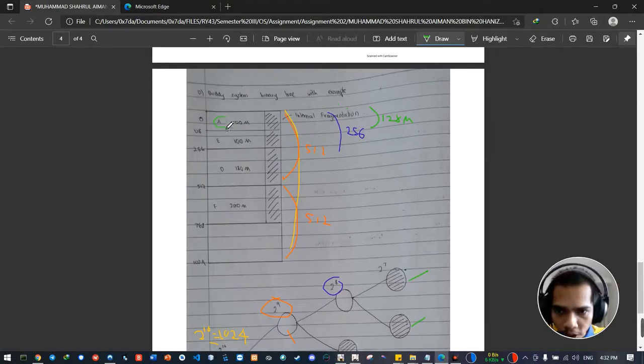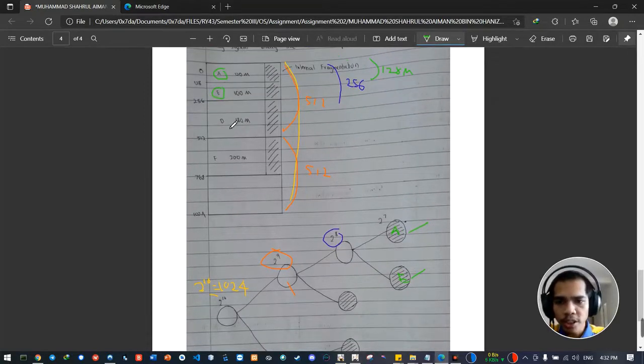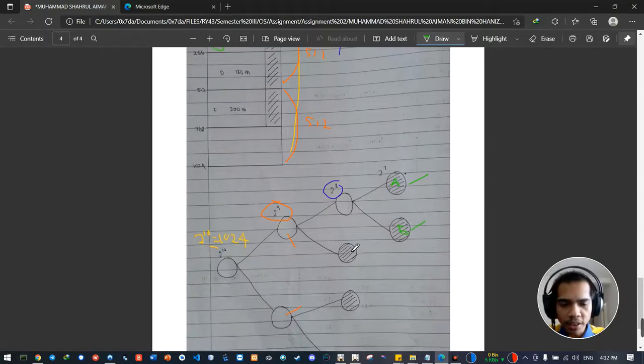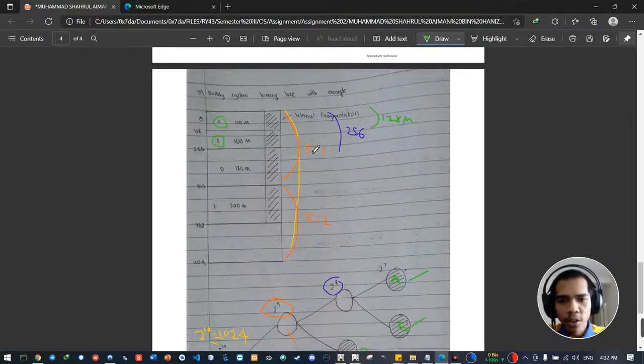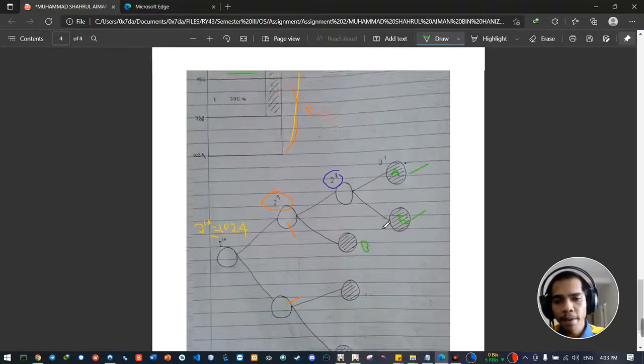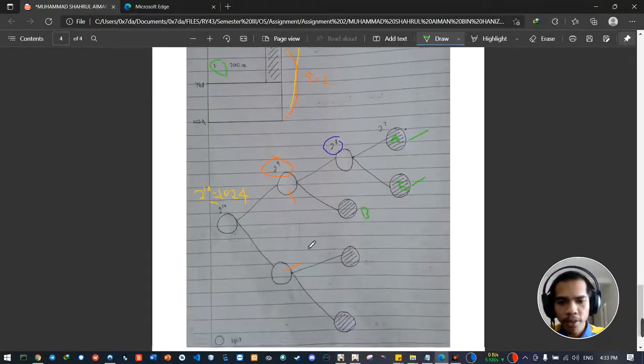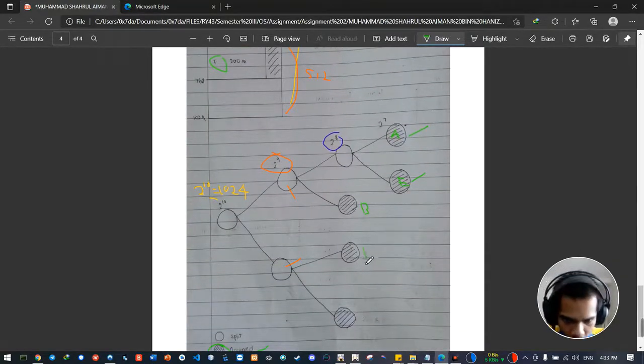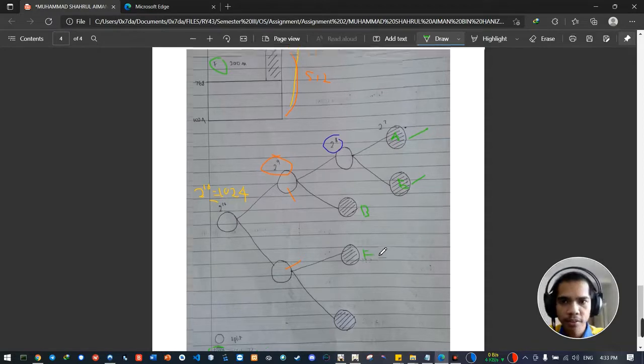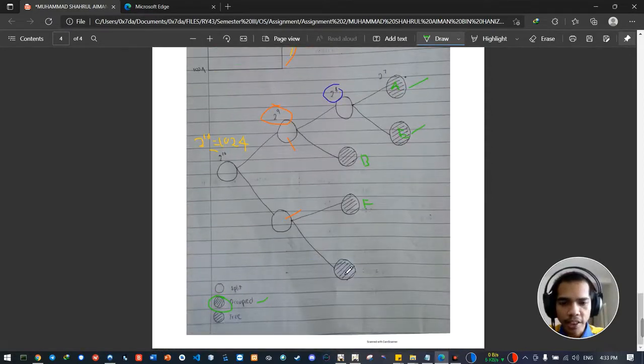So this is process A, this is process E, this is A, this is E. Process D is located here within the 256 megabyte block. The process F is here, 200, and the shaded here is for free.